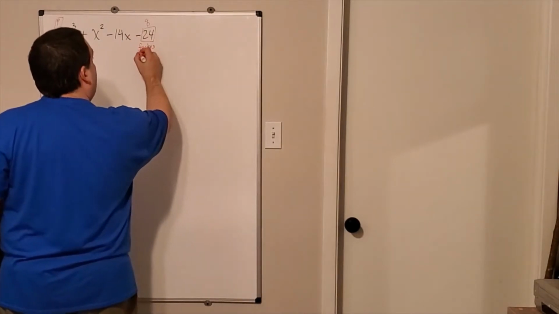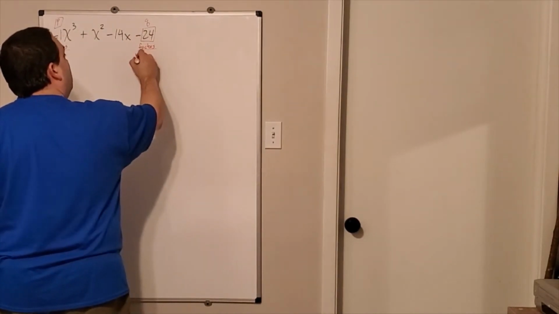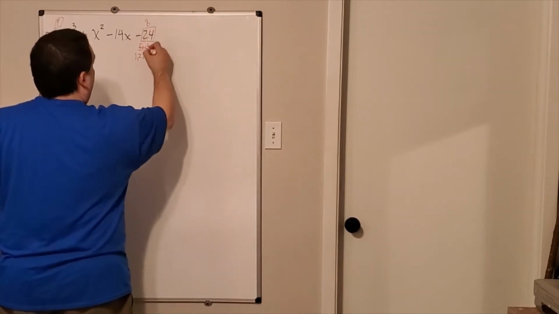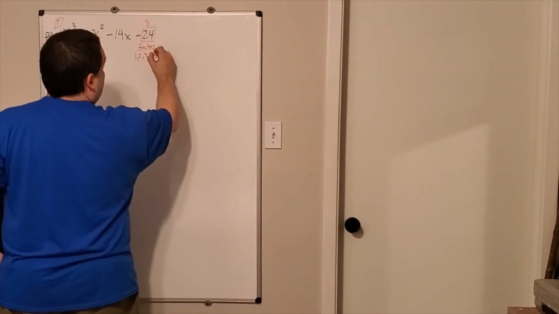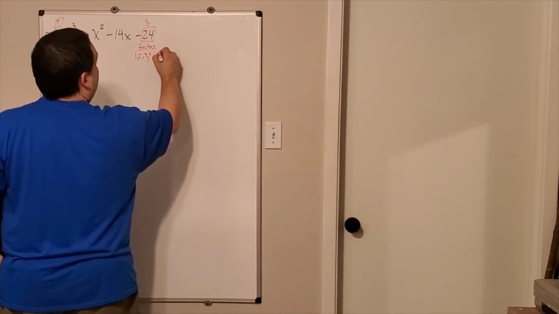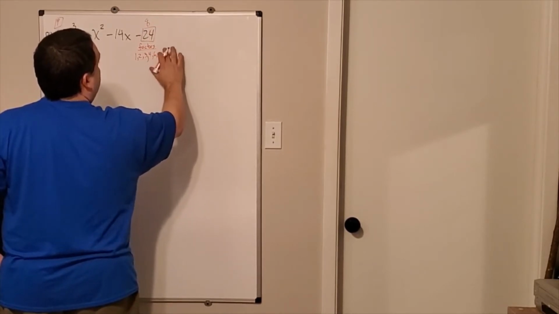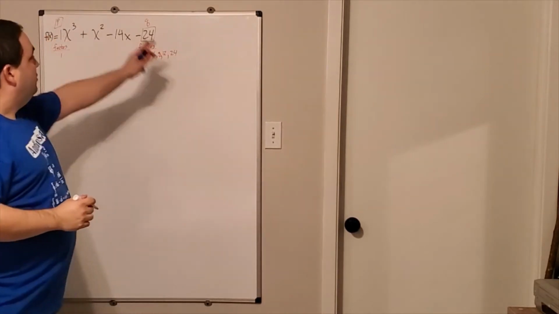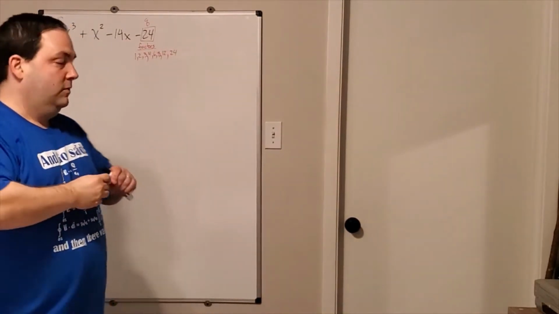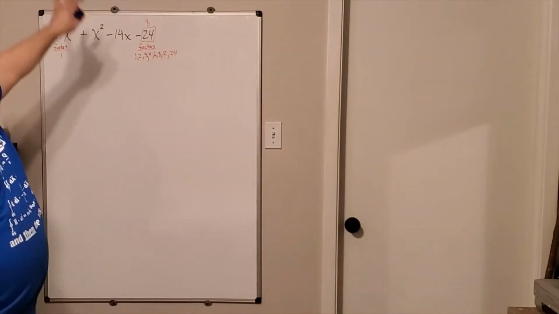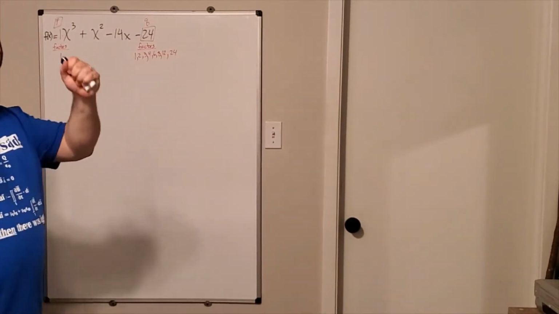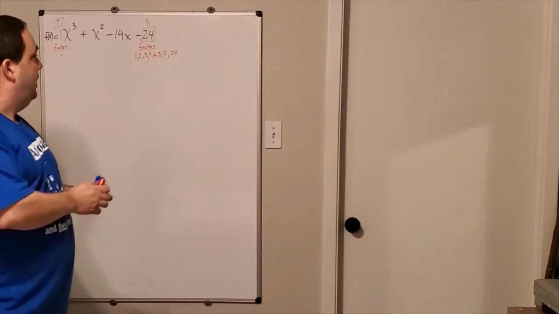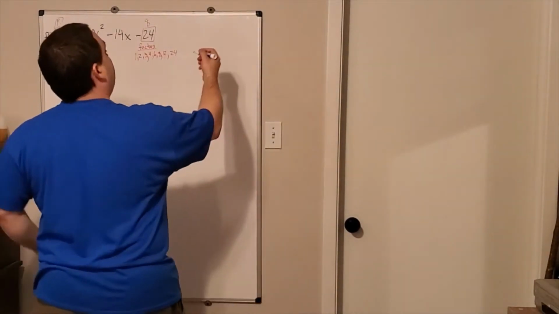Factors of 24. 1, 2, 3 goes into 24. 4 goes into 24. 6, 8, 12, and 24. Right? Those are the factors of 24. Okay? So whenever we're approaching one of these problems and I say, okay, let's make the list. This is what we're going to start out doing.